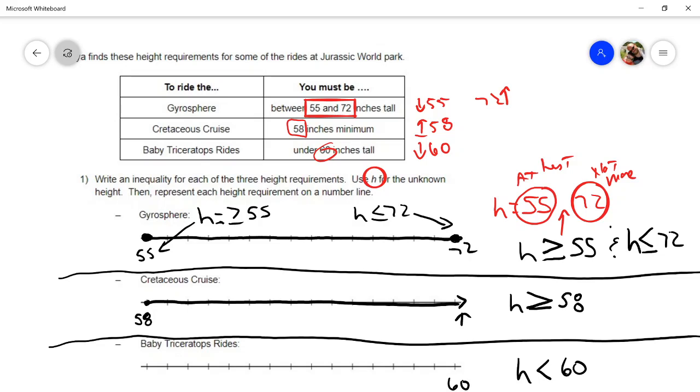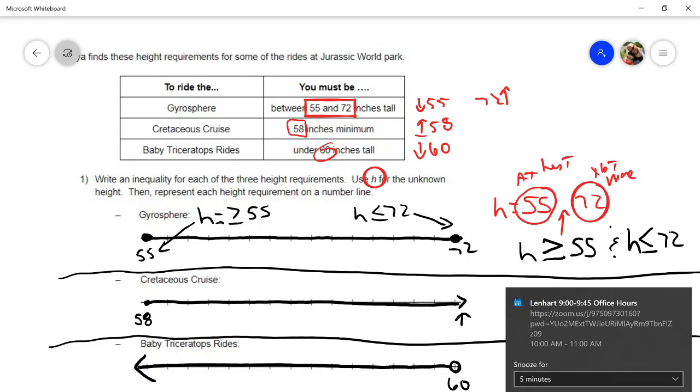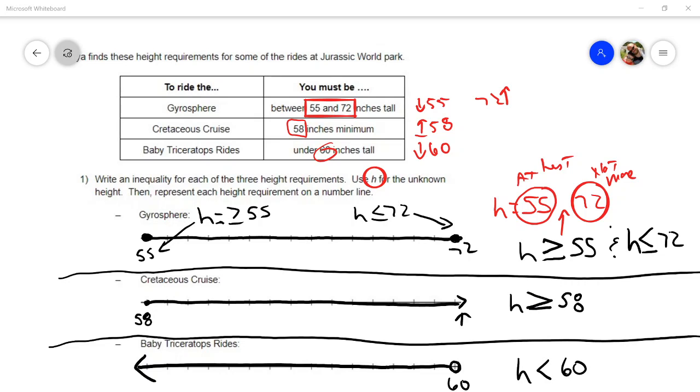So here's my 60. Since it's not including it, I'm going to make this a big round one. So I'm not including 60, but anything underneath it is okay. Okay? So it's anything under 60. So I have an open circle at 60. I have a line going down and an arrow on the end saying keep going down. Okay?